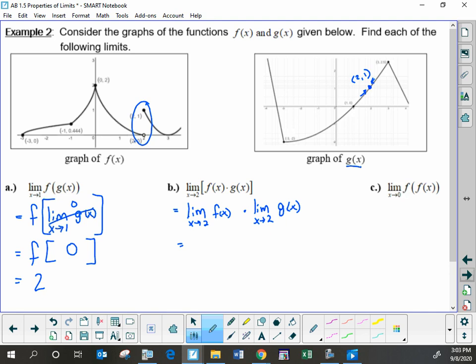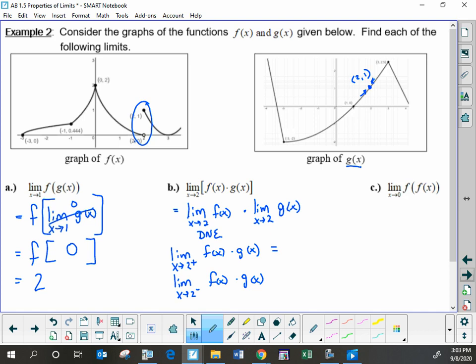But because this one, I really have a D and E, it forces me to evaluate this a little bit deeper. So I'm going to evaluate the limit as we approach 2 from the right of f of x times g of x, and I'm going to look at the left side of 2 of f of x times g of x.